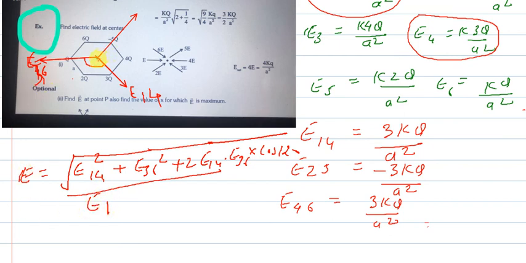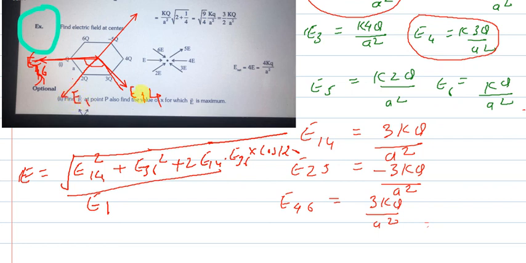And then, what will be the direction of the resultant of these two vectors? It will be opposite, like this. See, from the center it will come out, because both vector quantities are equal in magnitude. So this will be the direction, and this will be the other direction of E25. So this is E25, and this is the resultant of these two vectors, this is E1.